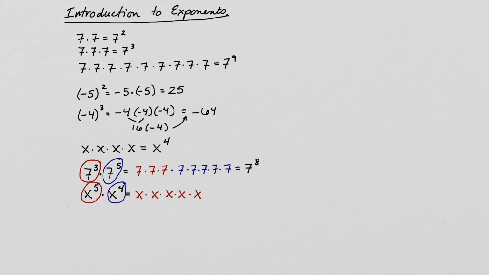And the second part here means I have 4 x's, x times x times x times x. So all together I have x to the 1, 2, 3, 4, 5, 6, 7, 8, 9th. So exponents are just a fast way to do multiplication.